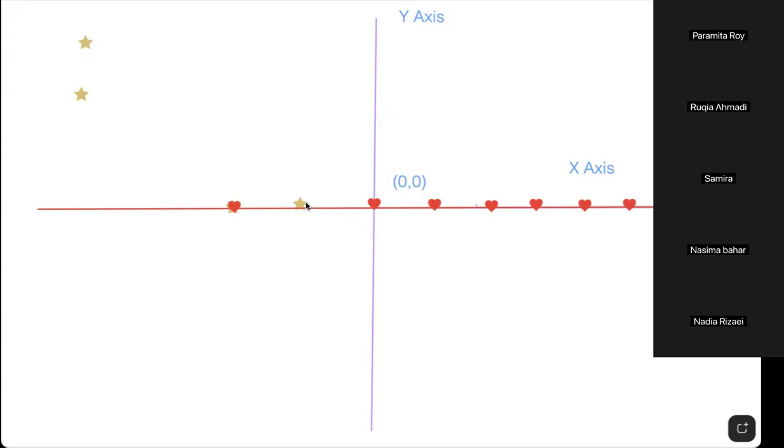Now this way we will do the same, 1 2 3 4 5 6 7. So we go here 1 2 3 4 5 6 7. Why am I doing this? Because I'm going to ask you girls to see how they're changing from positive to negative.